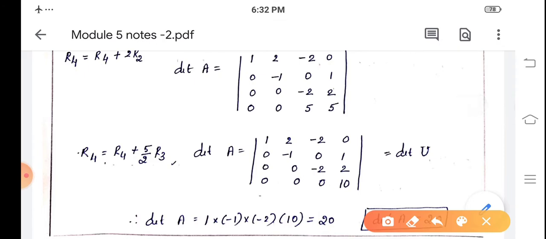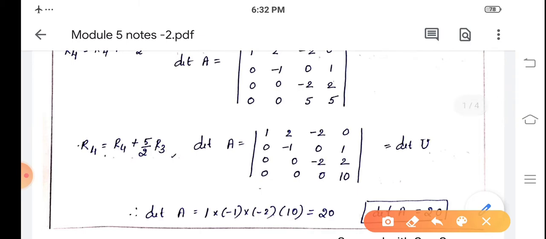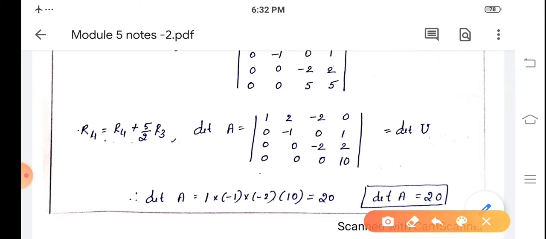Here, for the echelon form, the entry in the fourth row, third column must be 0. To reduce this to 0, we write the row operation as R4 equals R4 plus 5 by 2 times R3.